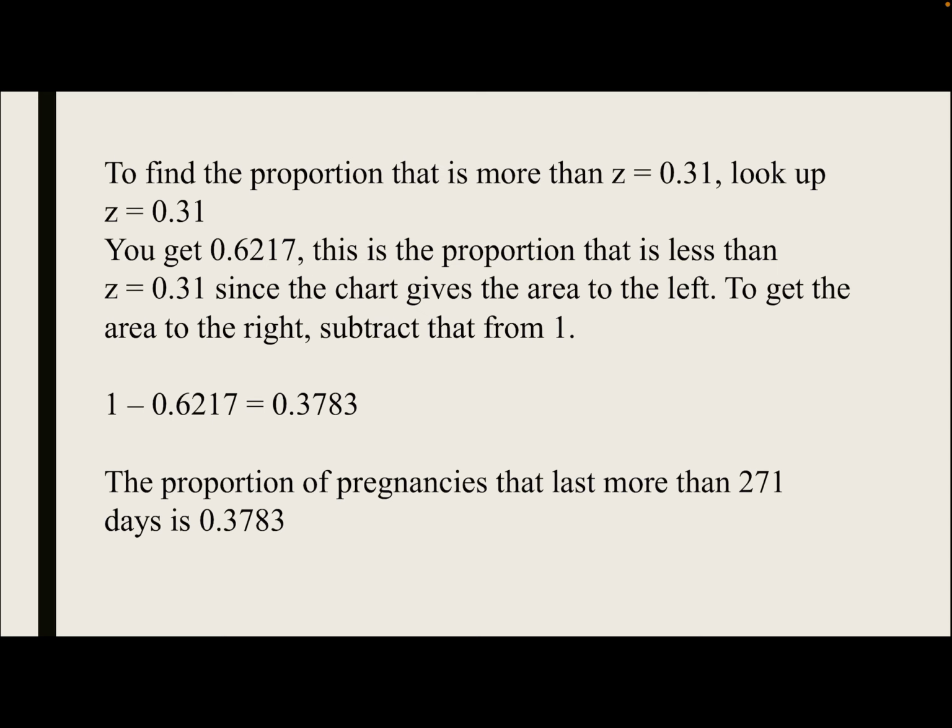To find the proportion that is more, look it up, and remember that gives you the left side because the chart gives you the left side. To do the right side, we subtract from 1 because the left and the right make up one whole. The proportion of pregnancies that last more than that is 0.3783.